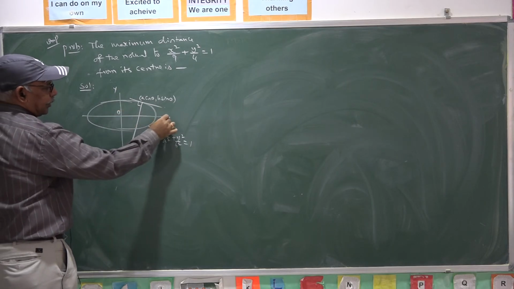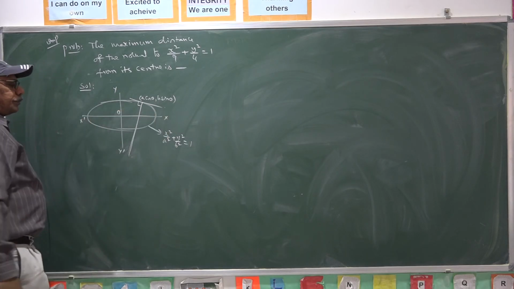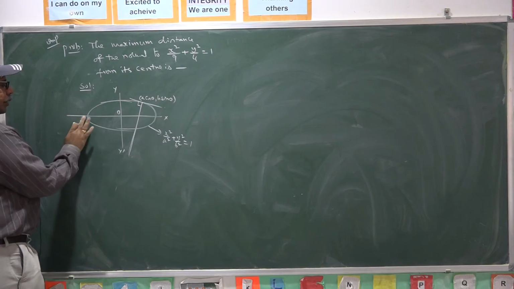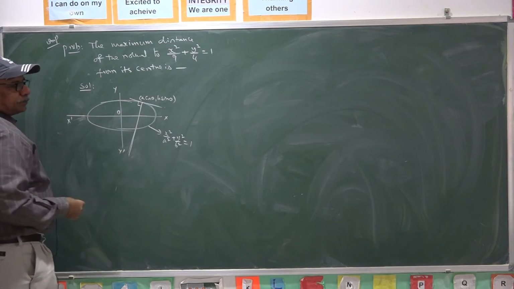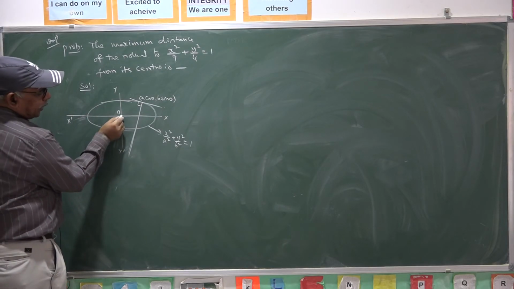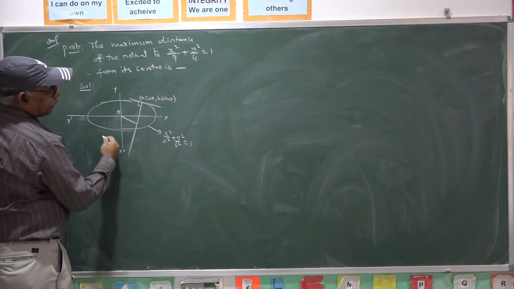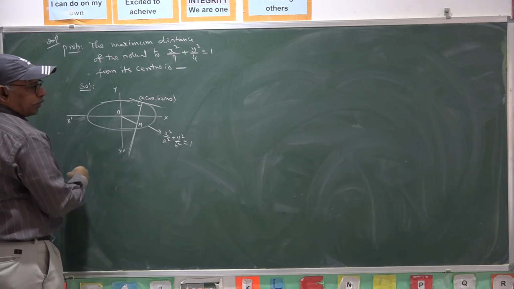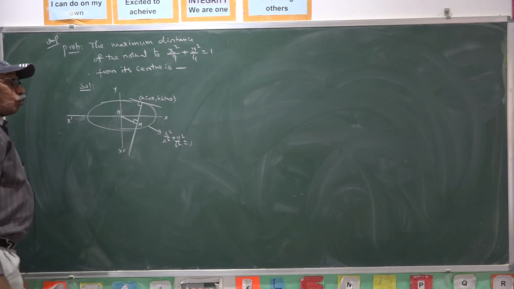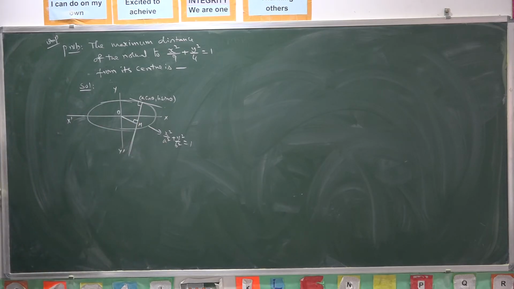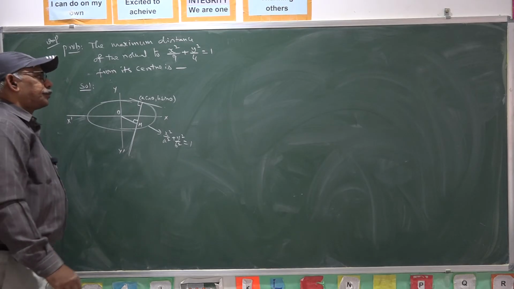O is the center of the ellipse. Now the perpendicular distance, this distance, let us suppose OM. OM is to be maximized. What is the maximum value of OM? That is the question here.